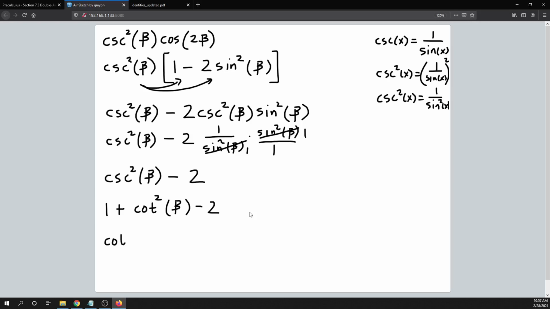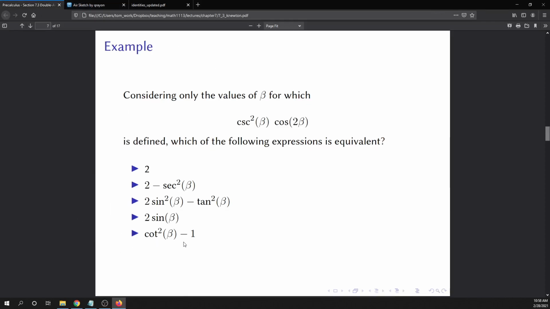So I could rewrite that as cotangent squared beta minus 1, because negative 2 plus 1 comes out to be negative 1. And that is exactly one of the choices that I've got. And so that would be the answer that you would select on this problem.